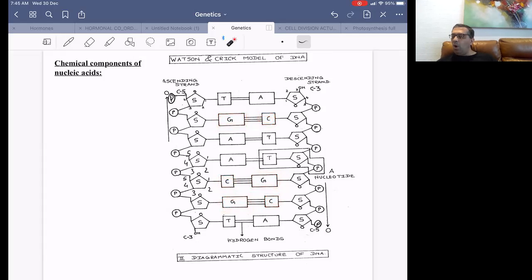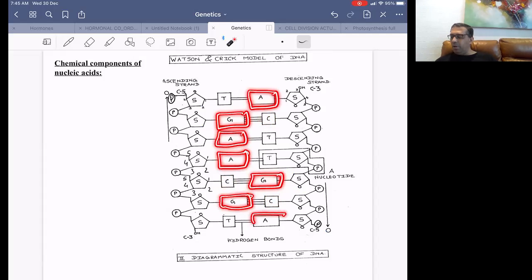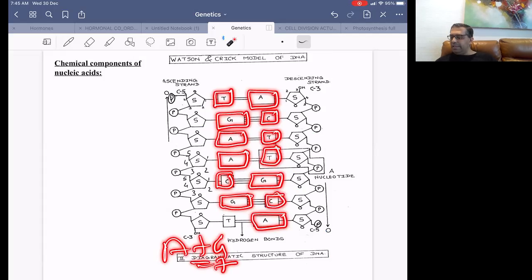So if you count all the purines, A plus G: 1, 2, 3, 4, 5, 6, 7. That is 7. Count the pyrimidines, T plus C: 1, 2, 3, 4, 5, 6, 7.